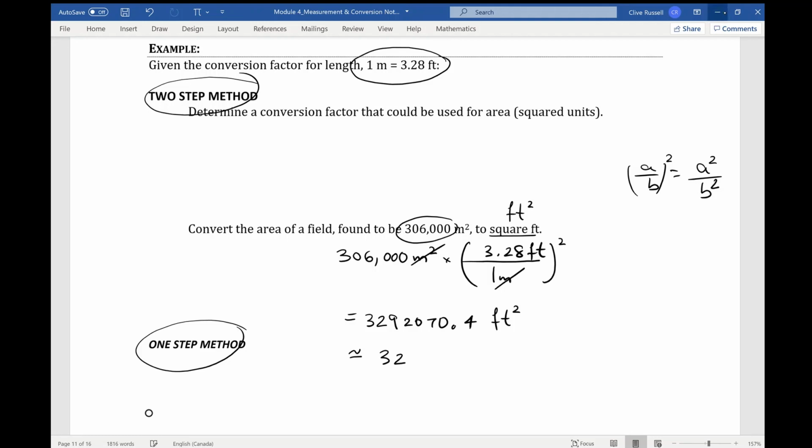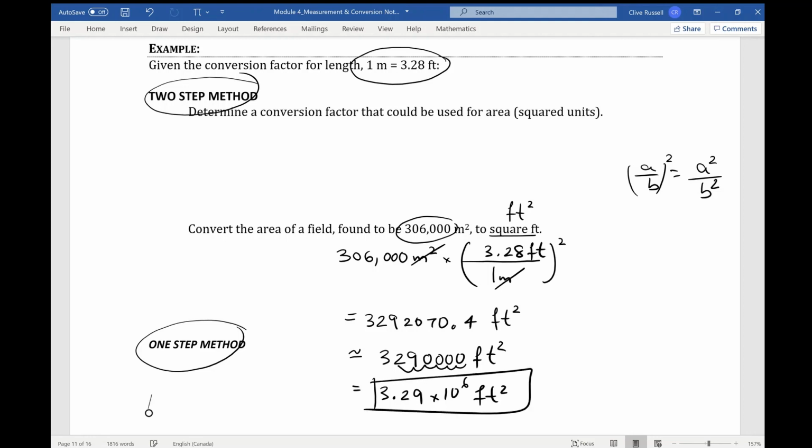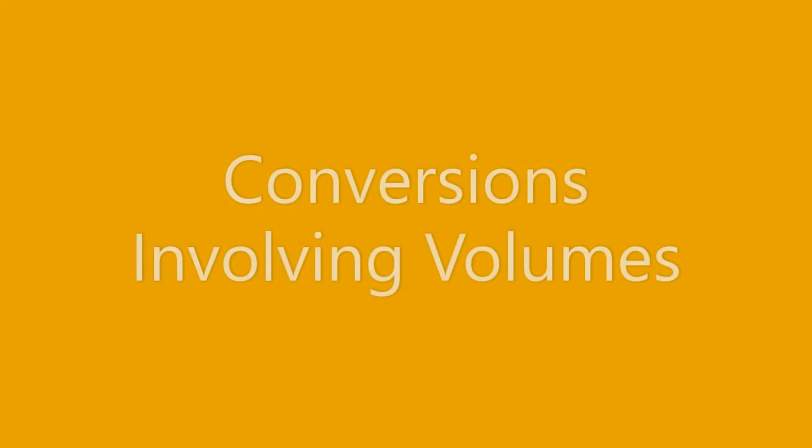So 329 followed by 4 zeros, and that's feet squared. Now we could write this in scientific notation by going 1, 2, 3, 4, 5, 6. So it's 3.29 times 10 to the 6th feet squared. And that's our final answer.